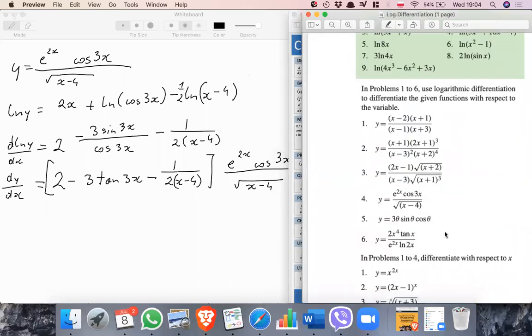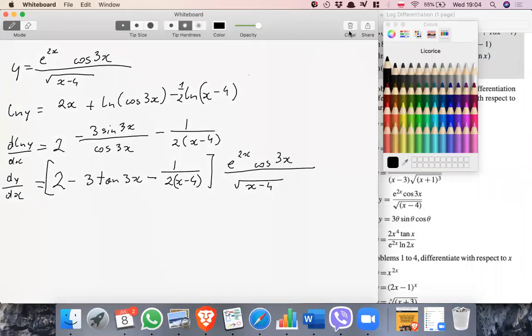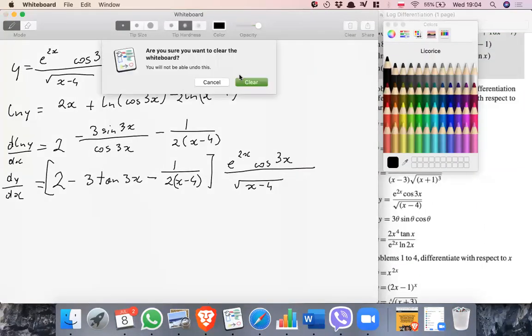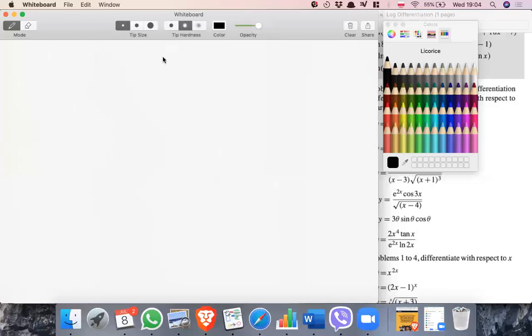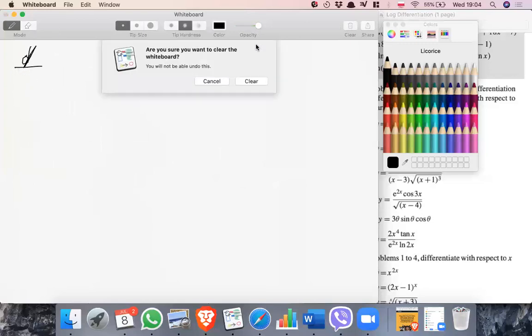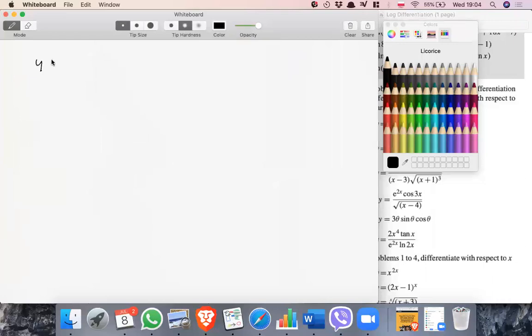Number 5: y equals 3 theta sine theta cos theta. So let's get right into it. Clear this and clear this. So we have y equals 3 theta sine theta cos theta.